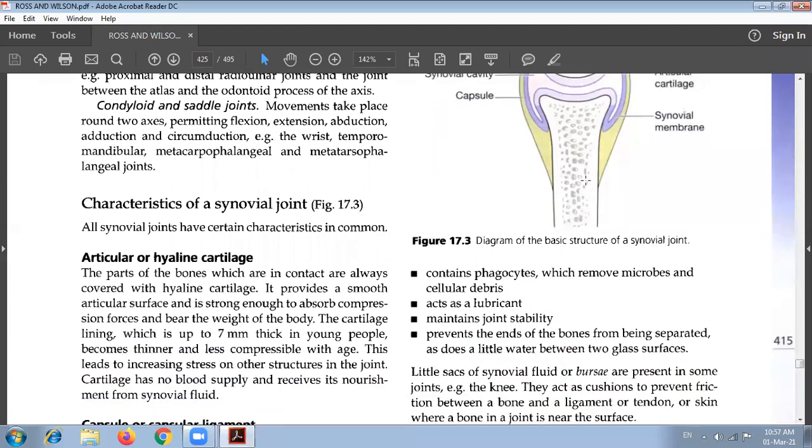It provides joint stability. It prevents the ends of the bones from being separated, like a little water between two glass surfaces. So it has a capacity to prevent separation.